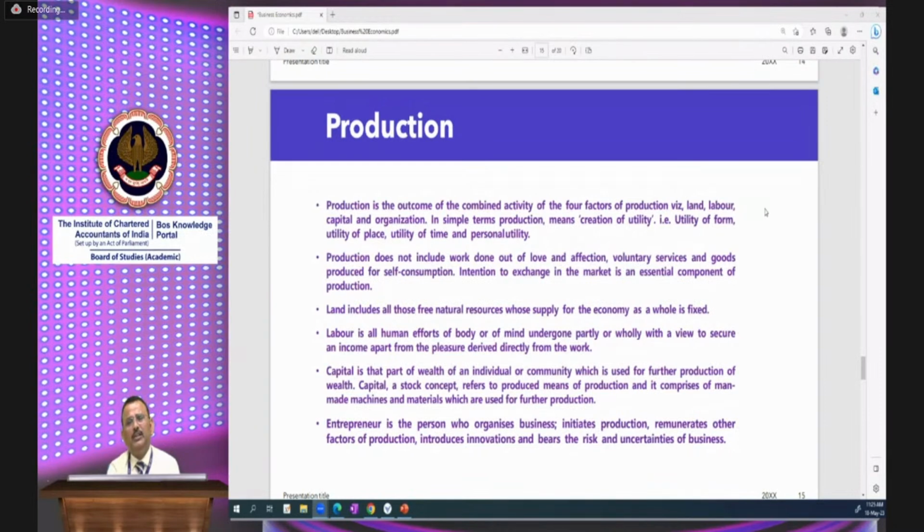So you need to remember what are the different factors of production, what is the isoquant, what is the slope of the isoquant, what is the marginal rate of substitution. All these things are simple, and have been very clearly elaborated in your study material.